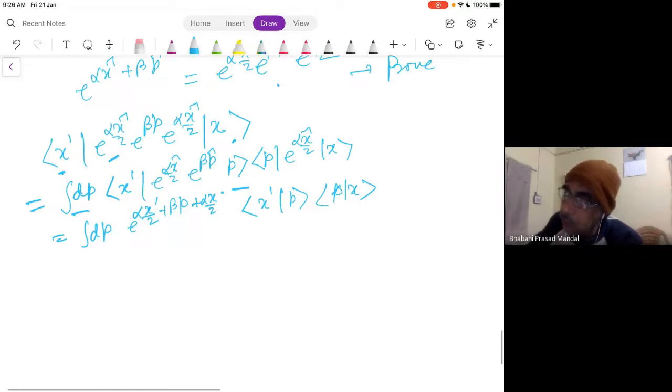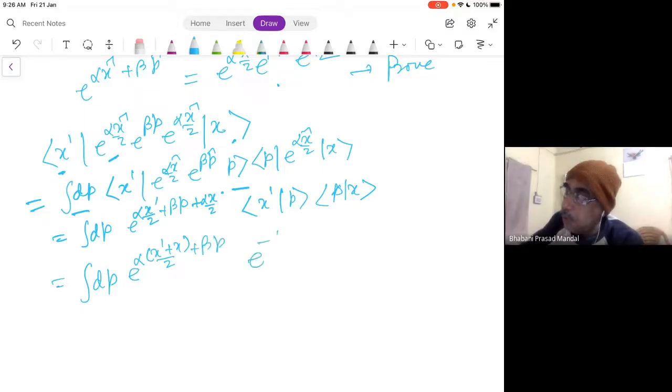So what you will have now, see, this has become x prime, so you can integrate over p, so you will have e to the power alpha (x prime plus x) by 2 plus beta p, and these factors will give you e to the power minus i by h cut p (x prime minus x), over 2 pi h cut.